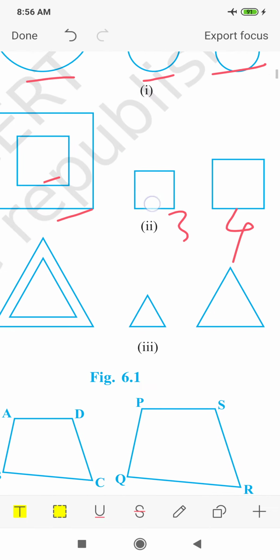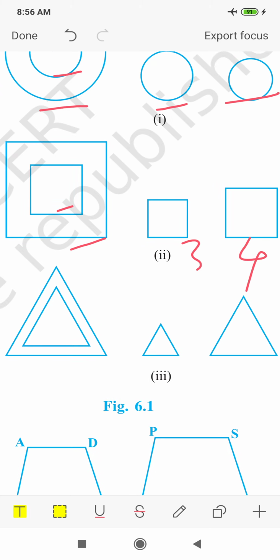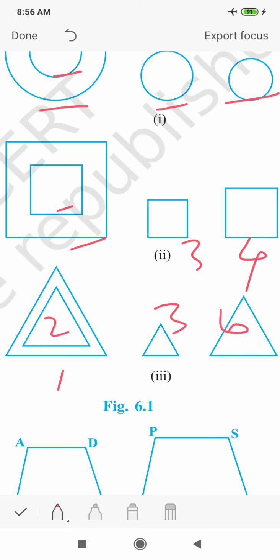See the triangles, these are equilateral triangles. I am talking specially about equilateral triangles. Again four triangles are there, triangle number 1, 2, 3 and 4. They have the same shape but different size, so these triangles are called similar triangles.